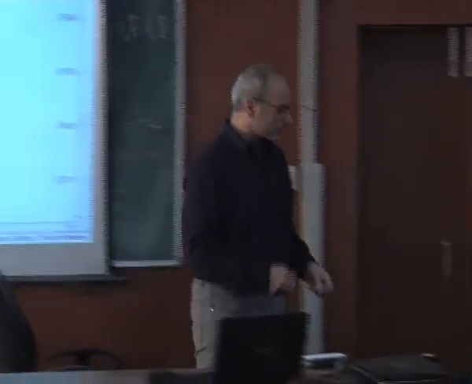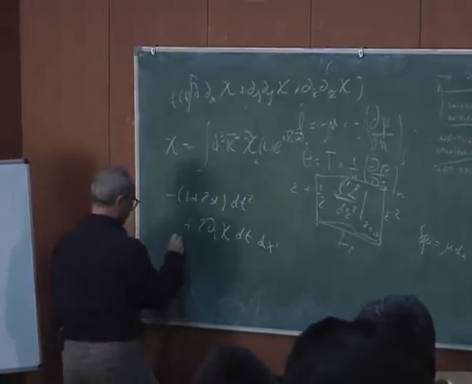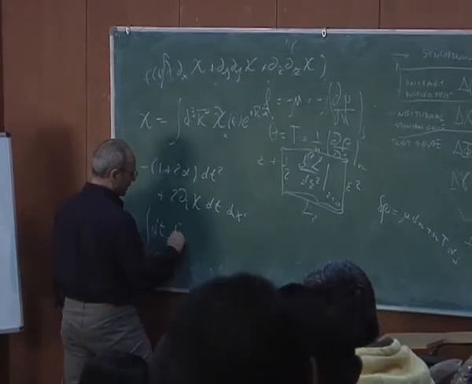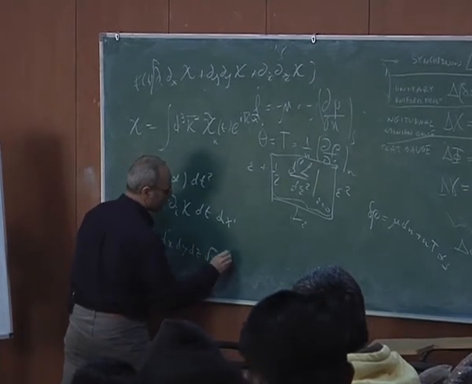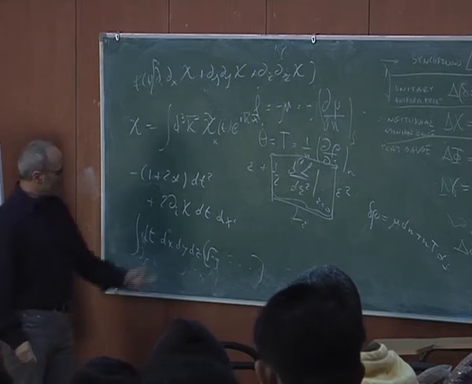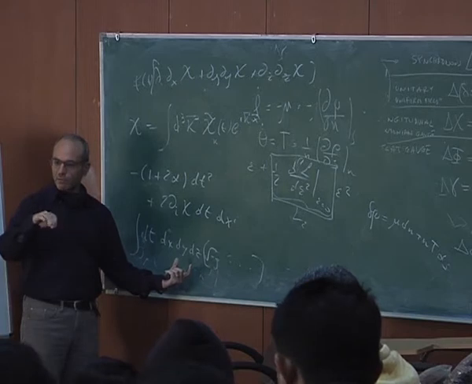Very well. Then what do I have? My action looks like the integral of d3x dt dy dz times the square root of minus g times everything else. Now the modes don't depend on y and z, because I am supposing that.